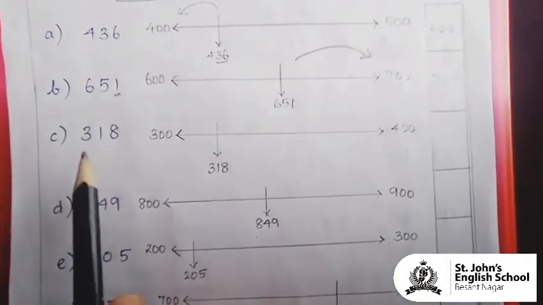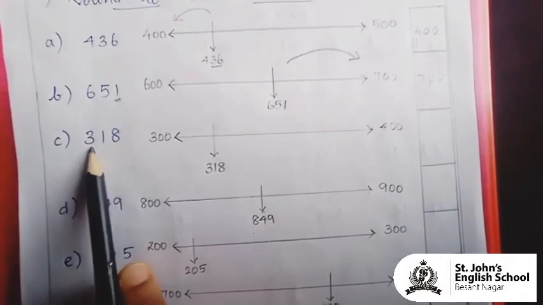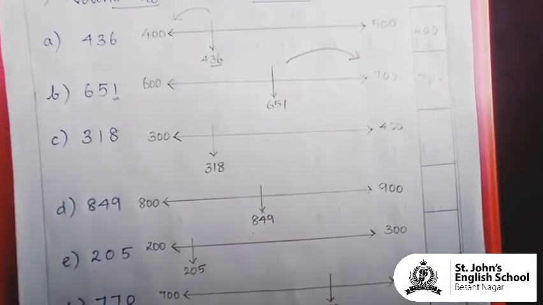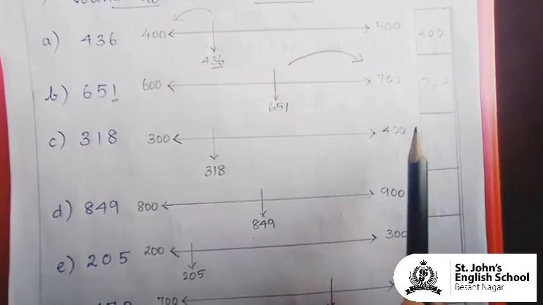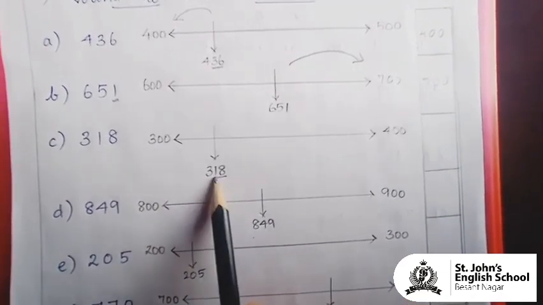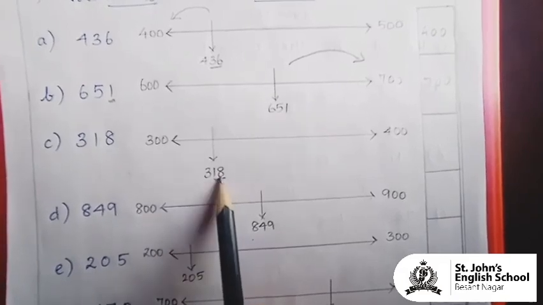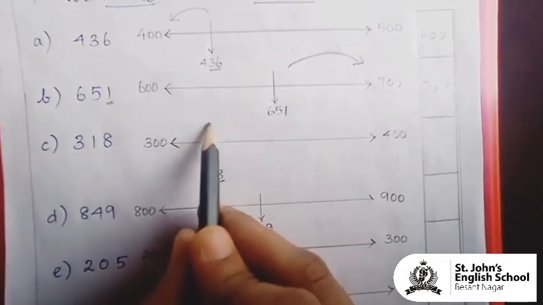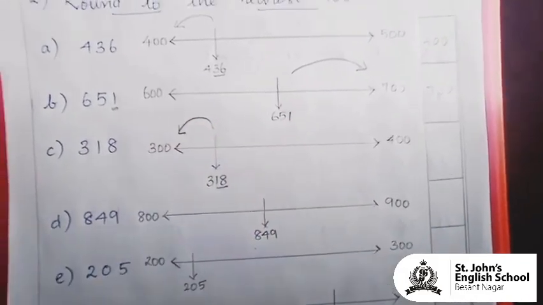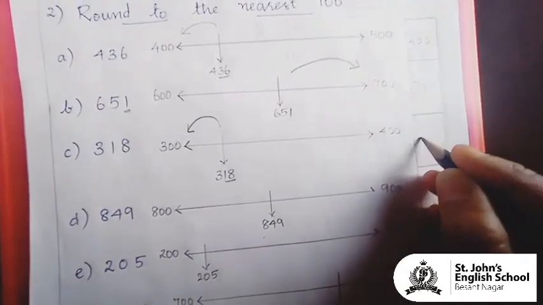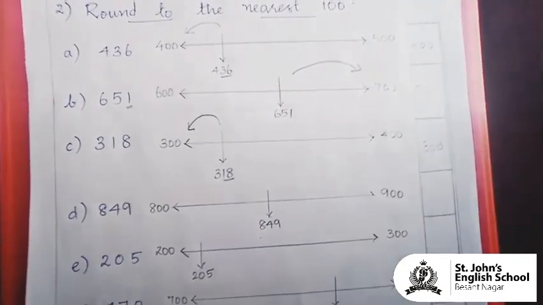The next sum, 318. It's between 300 and 400. It's only 18. 18 is, of course, before 50. So if it is before 50, it should go to the before number, that is 300.